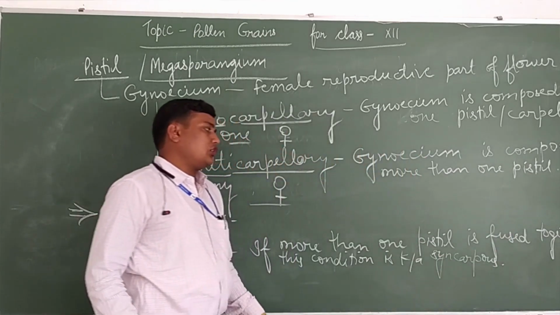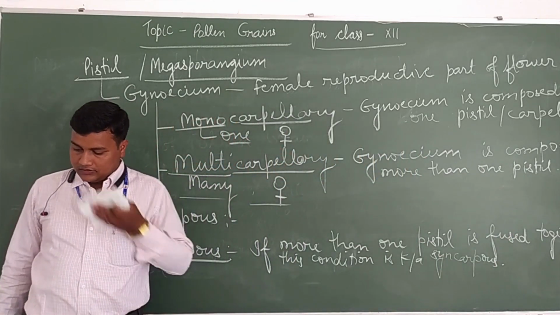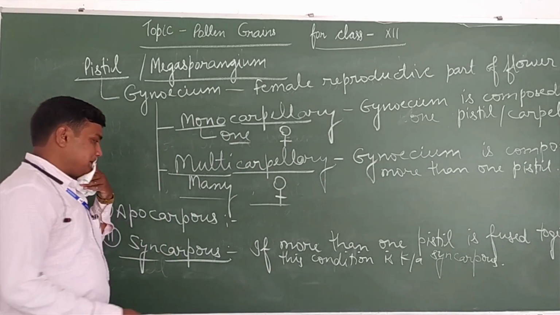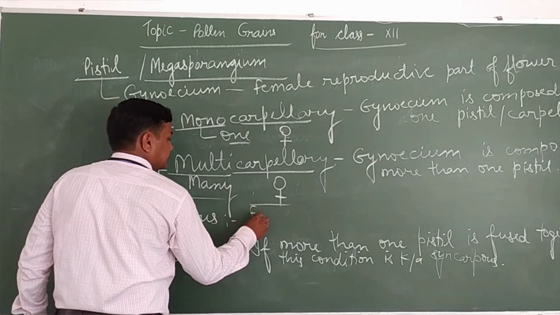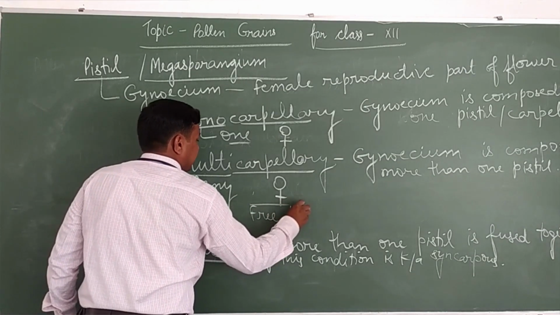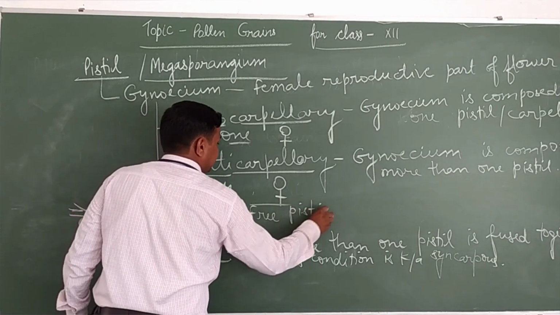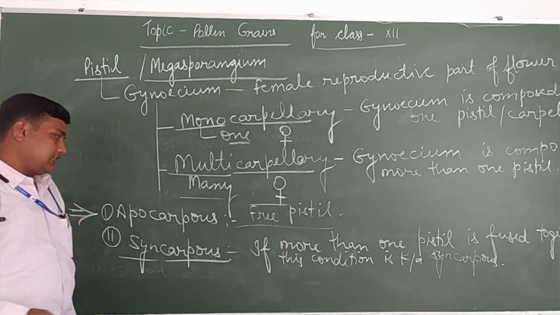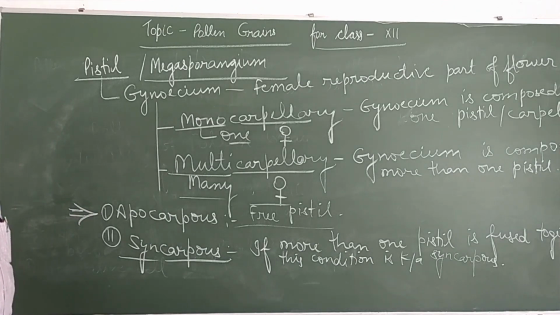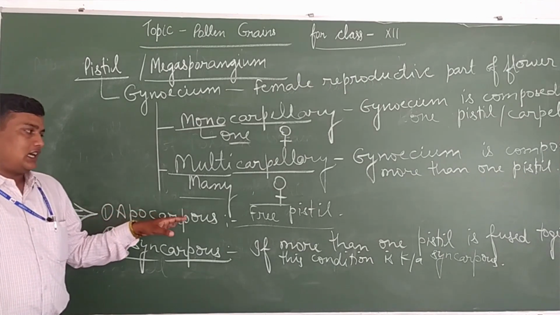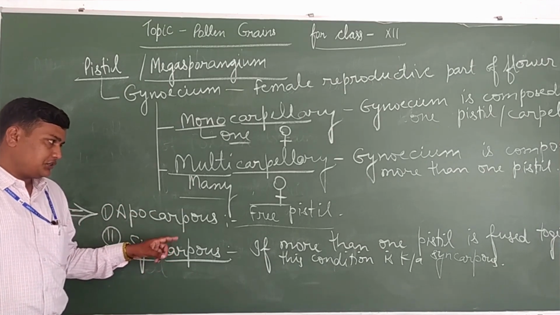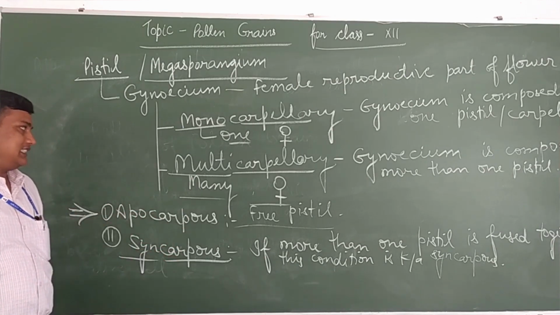If gynecium is not fused, and free pistils are there, then the gynecium is known as apocarpus. Apocarpus means the pistils are not attached to each other, and if the pistils are attached together, that condition is known as syncarpus.